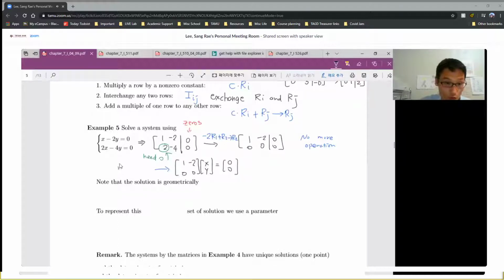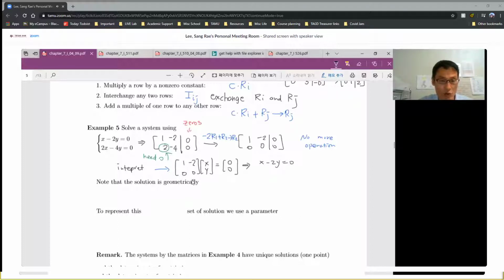Once you are done, or if you see no more operation, you interpret your result by putting x and y back, and then you take the multiplication. First row, 1 and negative 2 with x, y is x minus 2y equals 0.